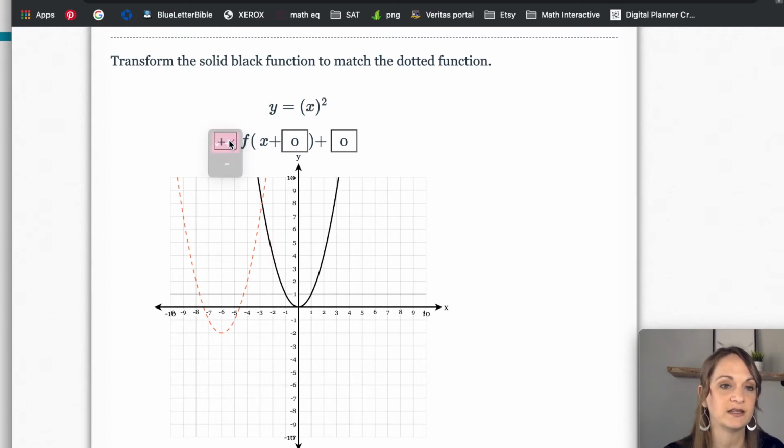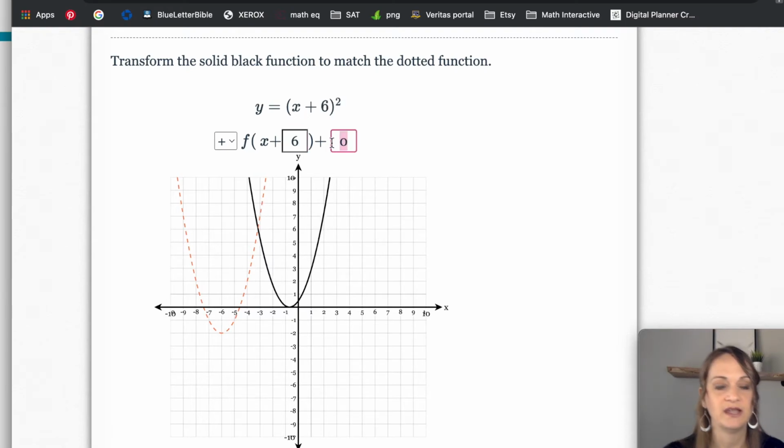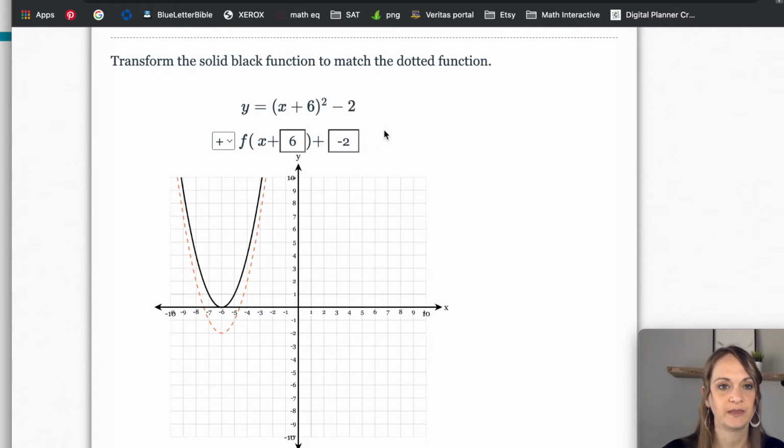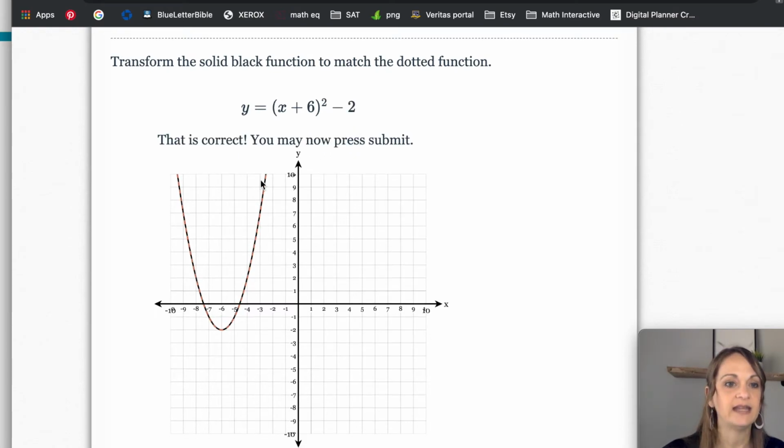No. So it is going to be a positive. That did not change. It moved left 6. And so therefore, you would actually have the opposite. Normally, it's a negative 6, but you take the opposite sign. So it is the x plus 6. And then they moved it down 2. And so it would be a negative 2. And it did match that function.